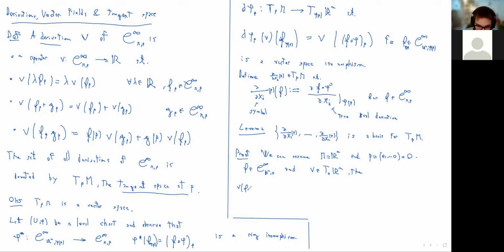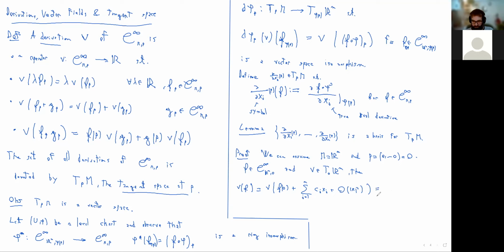We say, okay, V of f, and we expand this in Taylor series up only to order 1. There you have a remainder, which is of order 2.